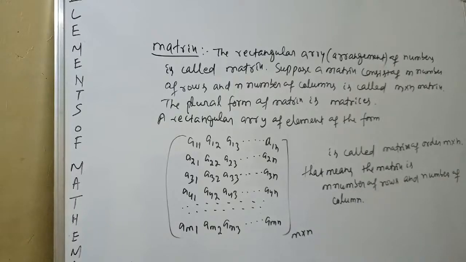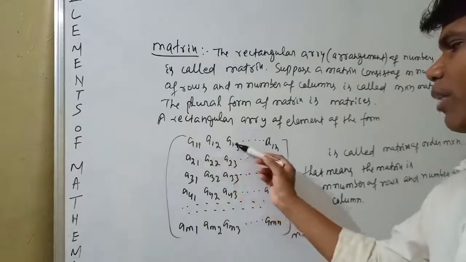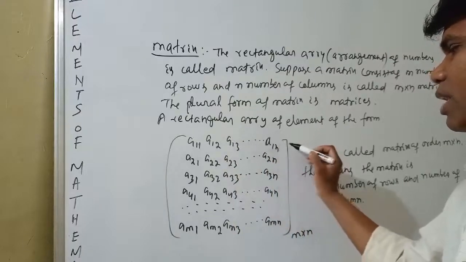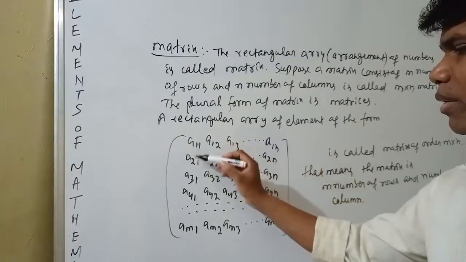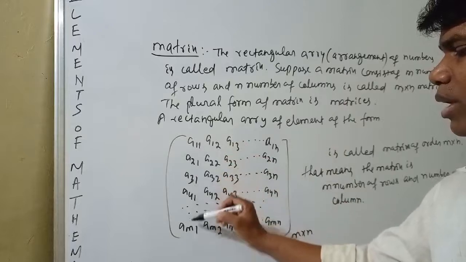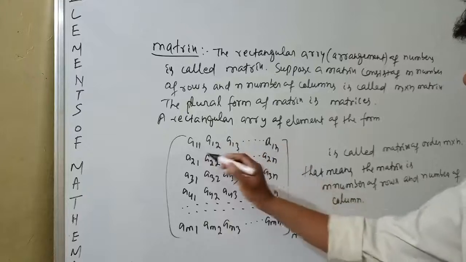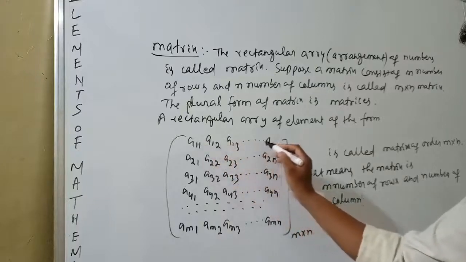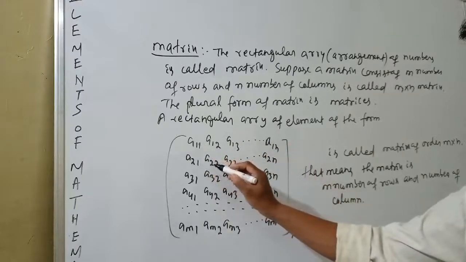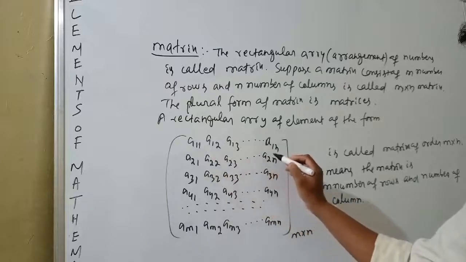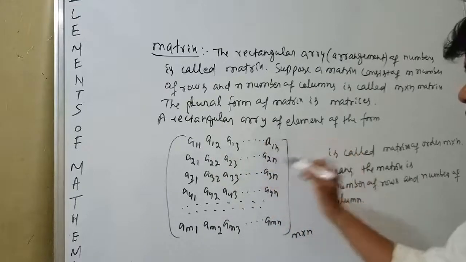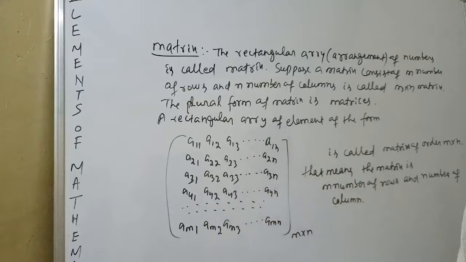You see, A11, A12, A13, A1n is a row. A11, A21, A31, A41, Am1 is a column. Simply, the horizontal line is called a row. A11, A12, A13, A1n, A21, A22, A23, A2n, these are the rows, and these are the columns.